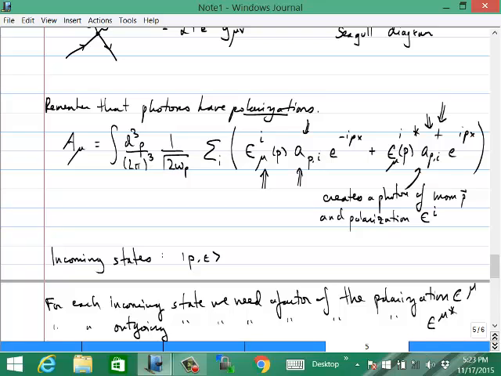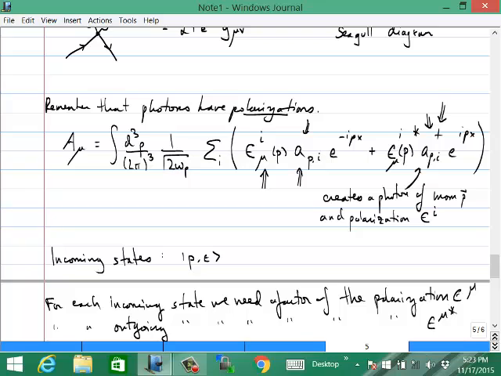Maybe I should say it the following way. If you took A mu and you acted it on the vacuum state, you would get epsilon star times a dagger acting on the vacuum state. If you acted on the ket vacuum state, but if you acted on the bra vector from the right, you would get an epsilon times a rather than an epsilon star times a dagger.